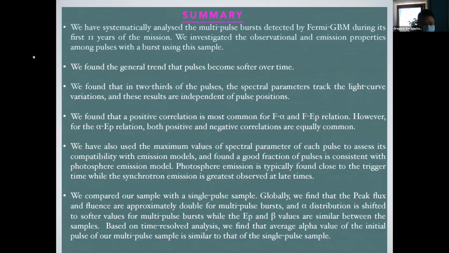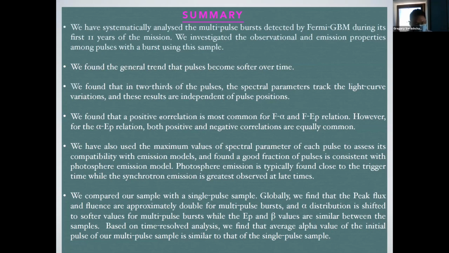So to summarize, we have systematically analyzed the multiple pulse bursts detected by Fermi GBM in the first 11 years of the mission. We investigated the observation and the emission properties among pulses within the burst using this sample. We found that the general trend is that pulses become softer over time. We also found that there is a large fraction of flux tracking compared to the time-integrated result.